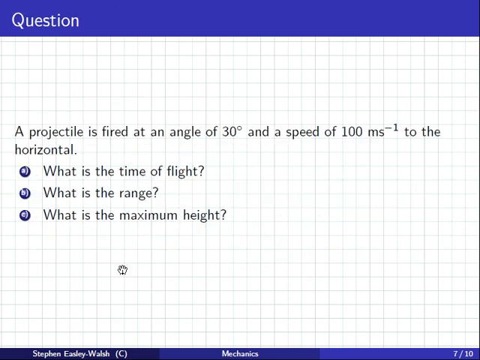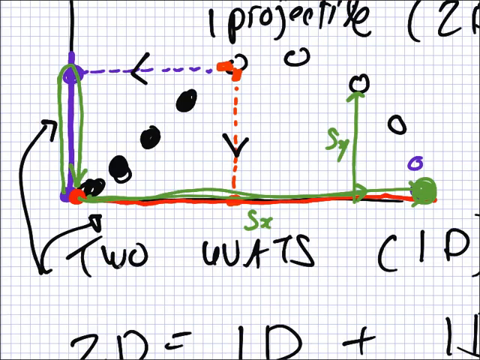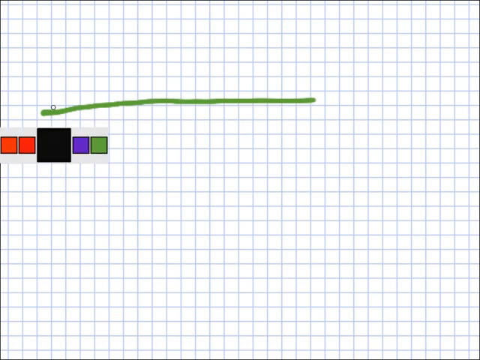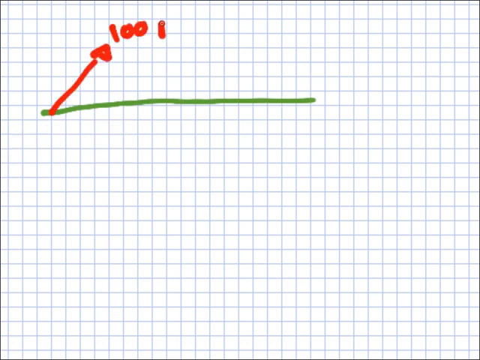Right. Let's do this one together. A projectile is fired at 30 degrees and a speed of 100. So I'll draw that for you. The projectile is fired with 100 meters per second at an angle of 30 degrees.